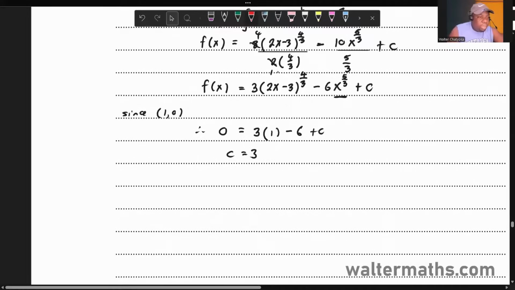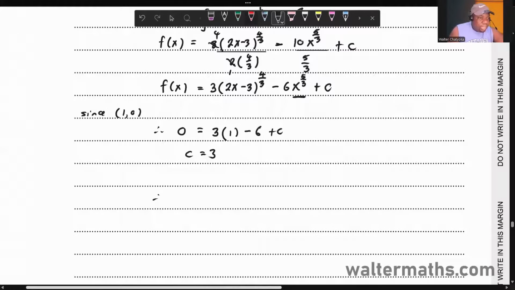So it therefore means that f of x will be 3 of 2x minus 3 to the 4 over 3 minus 6x to the 5 over 3, plus the constant c, which is 3, and that's how we do it right here.